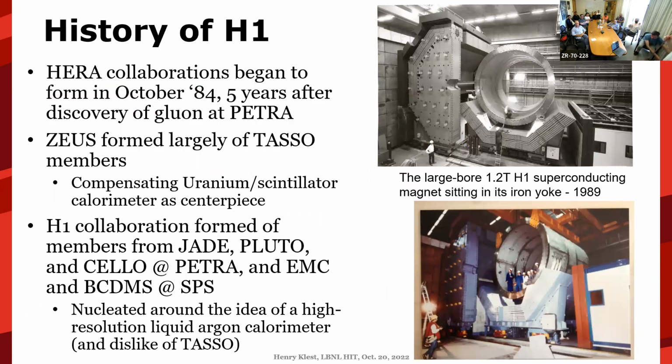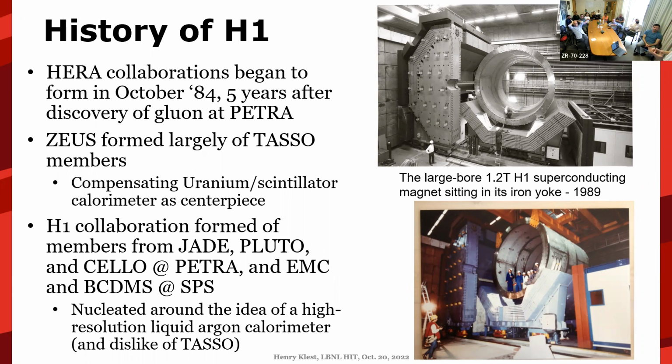So the H1 and ZEUS collaborations began to form in October '84, around 5 years after PETRA discovered the gluon. So really, very quickly after that success, they were thinking forward about the next future. ZEUS formed largely of members of the TASSO experiment, which is one of the 4 main experiments at PETRA.